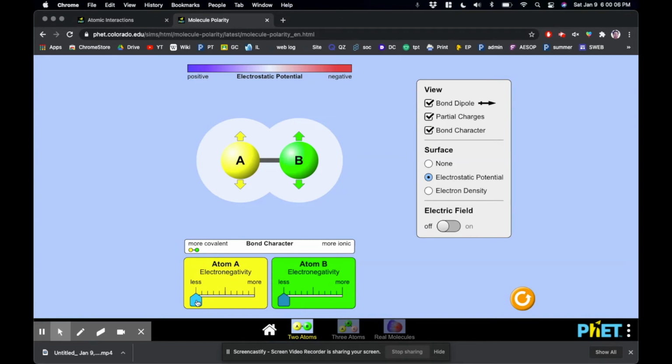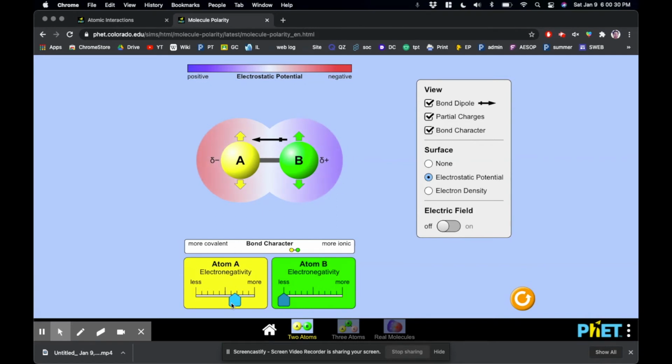Most bonds that we discuss, especially in this unit, are somewhere in between covalent and ionic, which makes them, you guessed it, polar covalent. Notice what happens, though, as I keep sliding more and more up. You can see that these partial charges start to appear. This would be, since it is the less electronegative of the two, more positive.